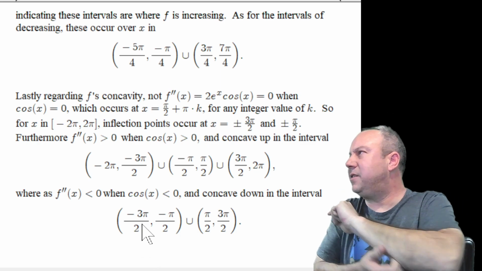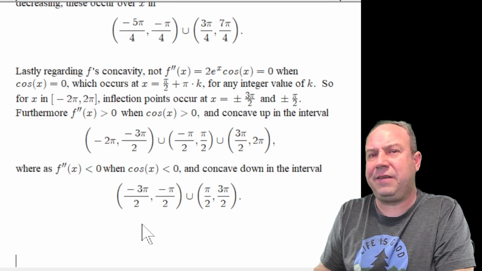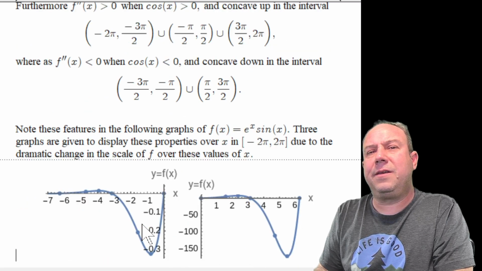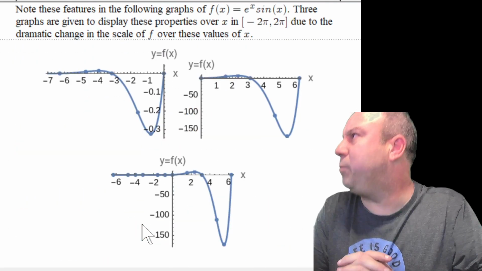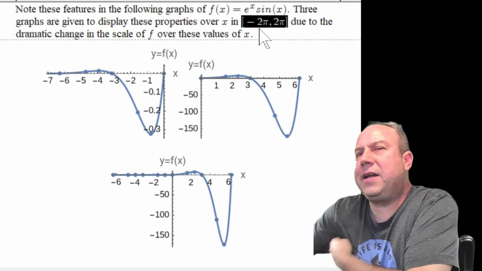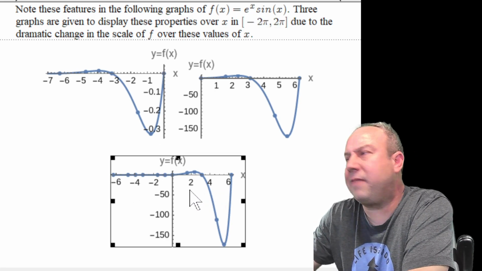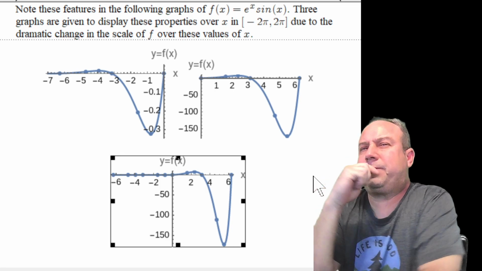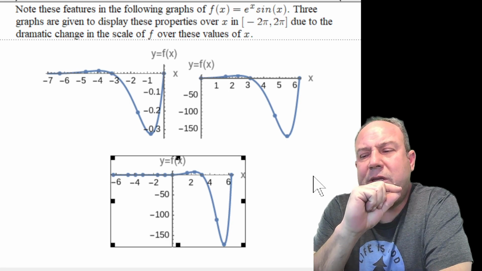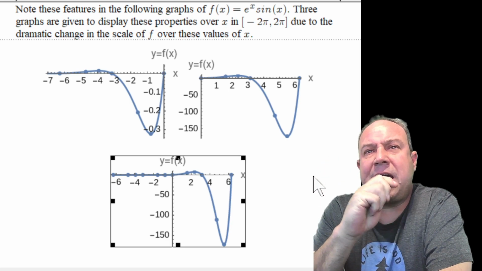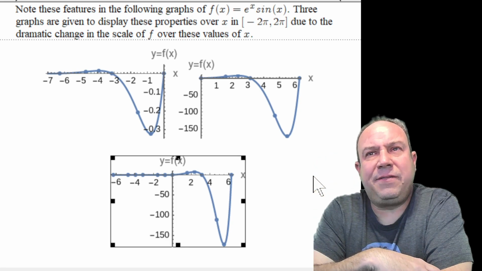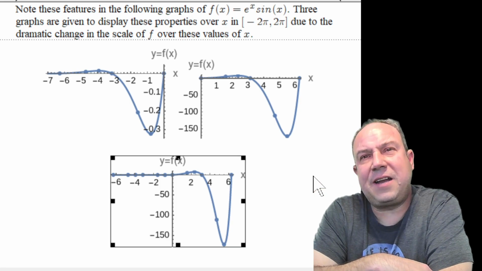And we can see all of these little key features in our graph. If you notice here, I do display these features in a couple of intervals. To display it from negative 2 pi to 2 pi, which we see down here in this bottom graph, the scale goes from extremely small on the left side of the y-axis to extremely large on the right side of the y-axis.